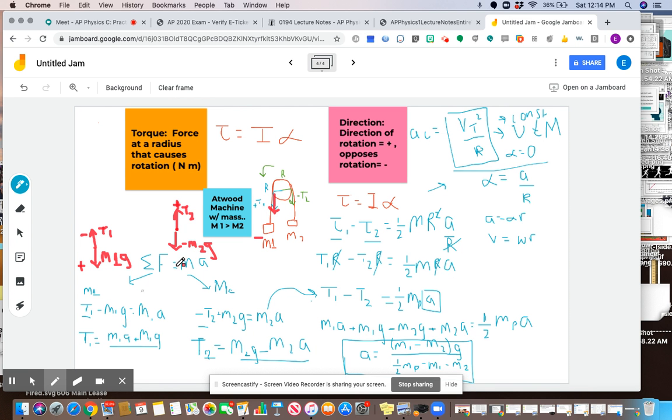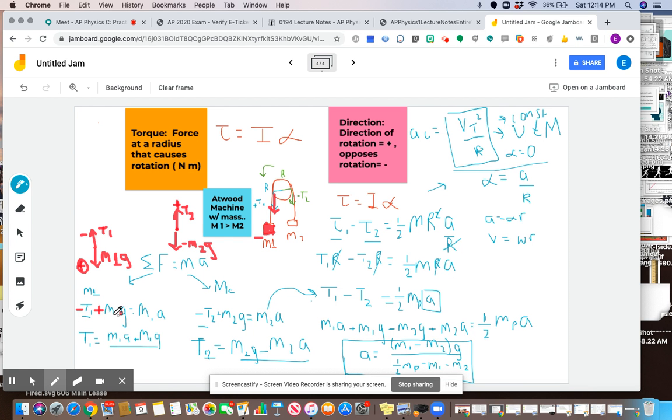So M1 is heavier than M2, so it's going to accelerate down. So down is positive in terms of Newton's linear version of the second law. Okay, so that means that force of gravity should be positive, tension should be negative.